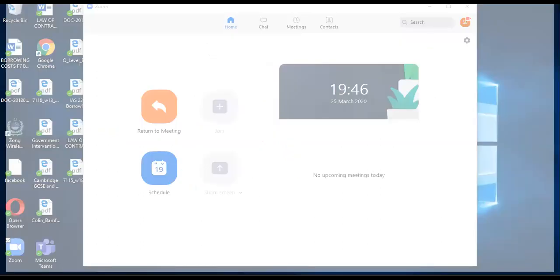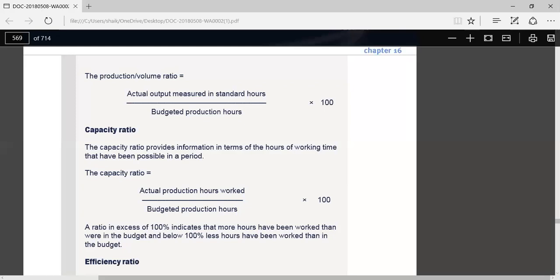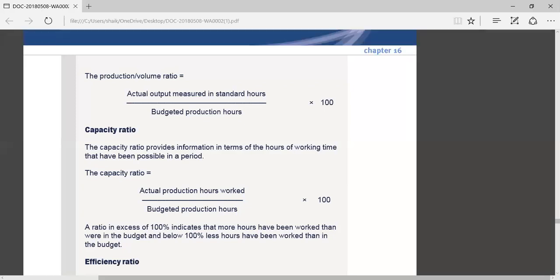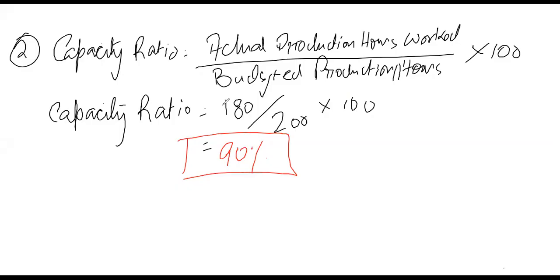Let's come back to the book that we are using. Capacity ratio. A ratio in excess of 100% indicates that more hours have been worked than were budgeted, and below 100% means fewer hours have been worked than budgeted. So the answer that I'm getting is below 100%.